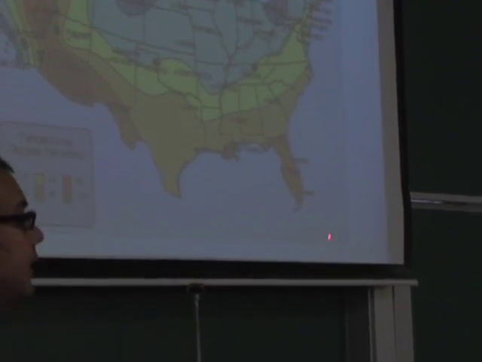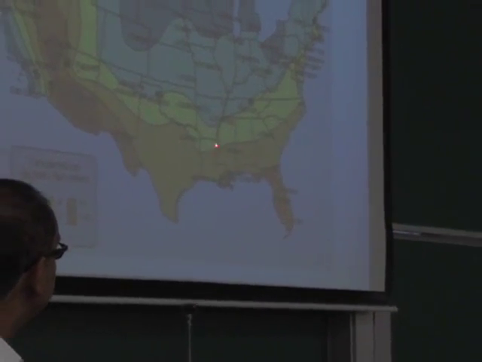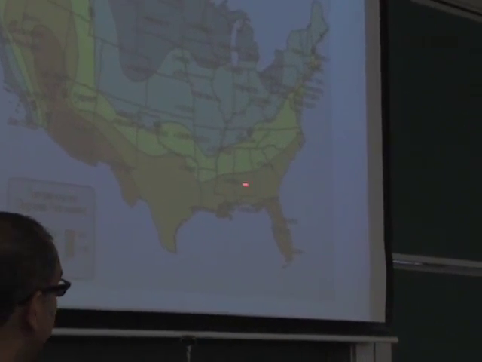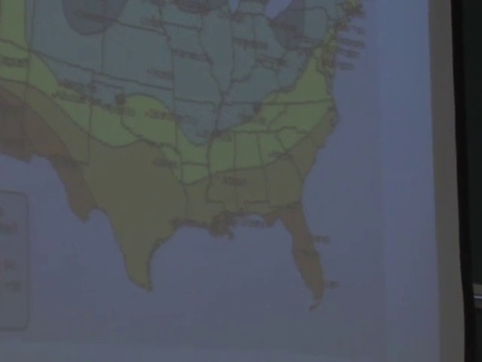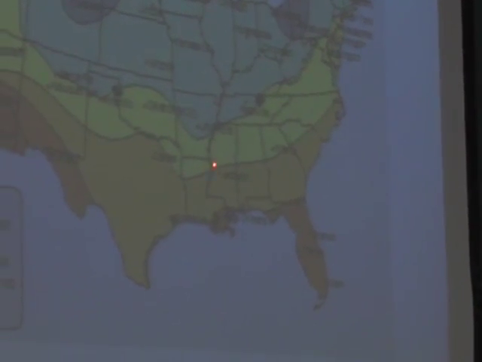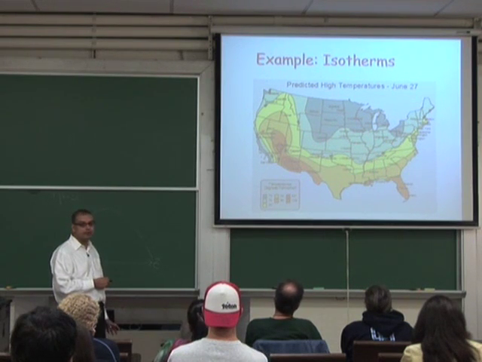Latitude and longitude, right? If I go this way, I'm changing longitude. And if I go that way, I'm changing latitude. And these are just combinations of longitude and latitude which have the same temperature at a particular point in time.